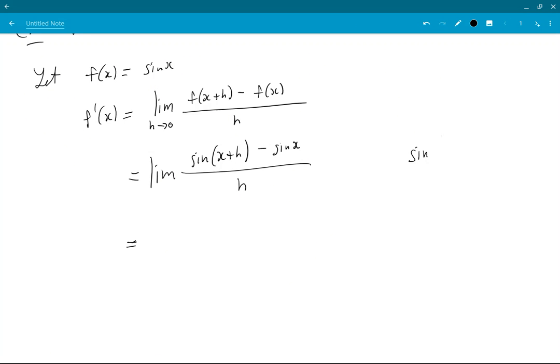Sine of a plus b is actually sine a cos b plus cos a sine b. So I'll use that on my sine of x plus h.